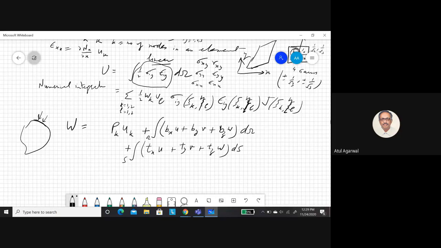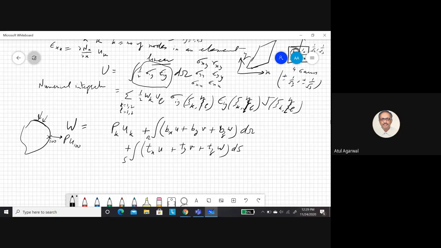So how to calculate? Suppose this is a force at a point K. If it is one of the nodes, suppose this node is node 100, you just say P into u100.